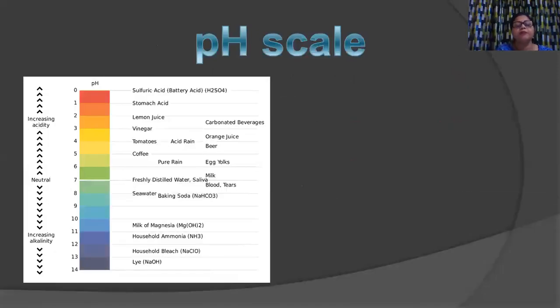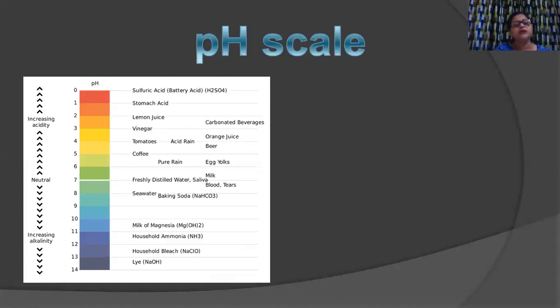Now, how to measure the strength of acid or base? We have discussed that different type of solutions show different strength. Some of them can be highly strong acid or base, and some of them can be very weak acids or base, and there may be some which will be in the moderate level.